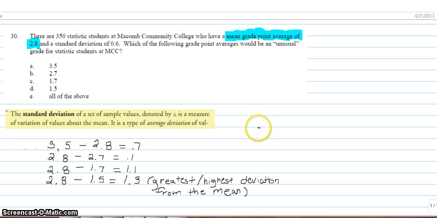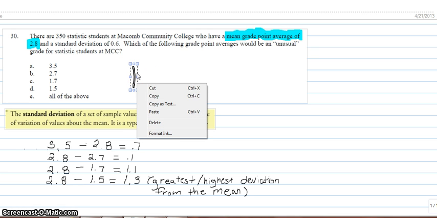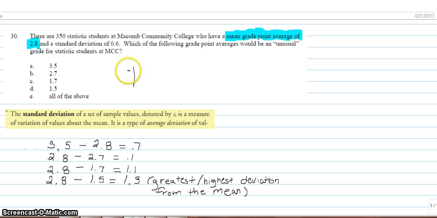So this would be your most unusual grade. So your answer here then is D, 1.5.